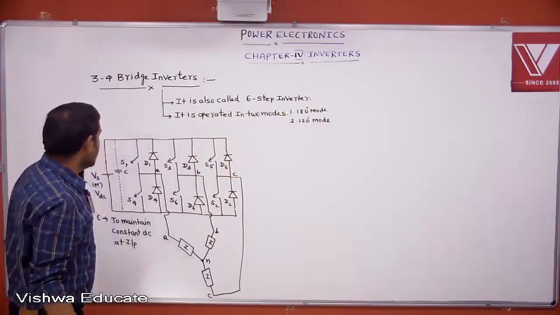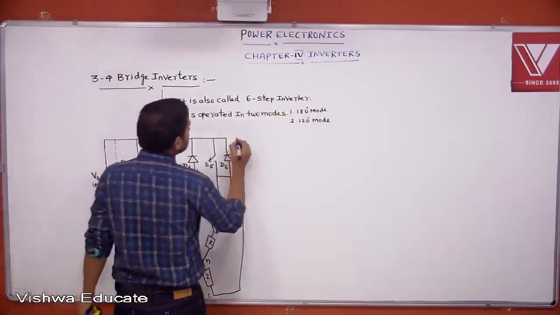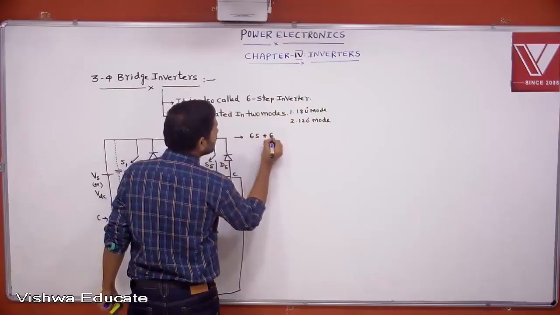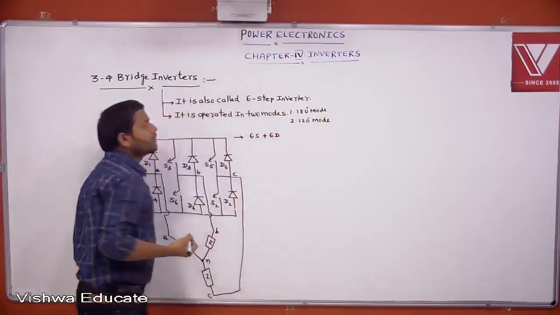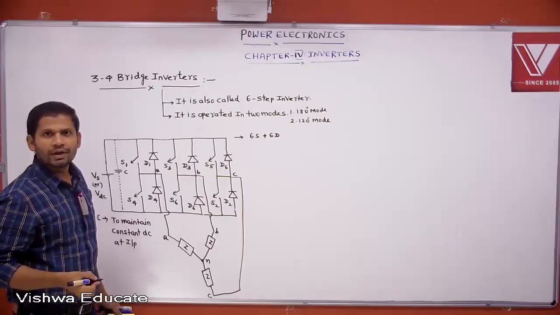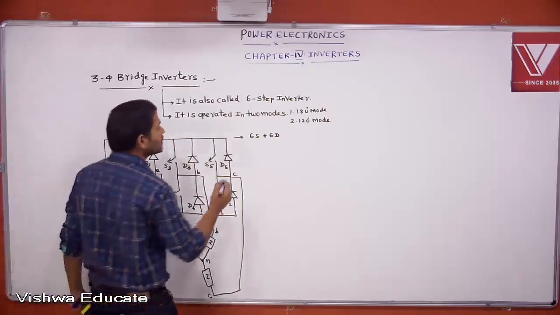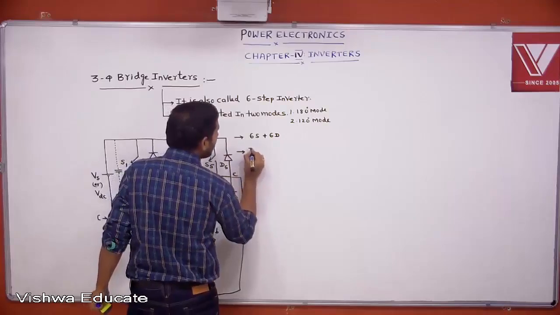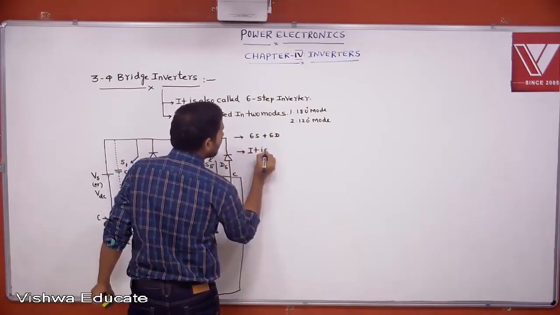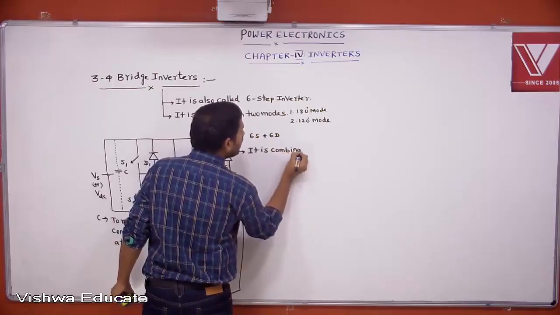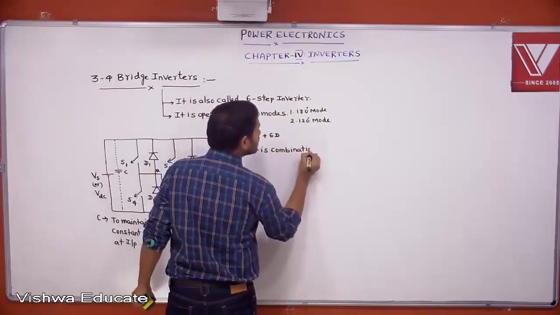Now it consists of 6 switches and 6 diodes. The diodes are the feedback diodes. Hence, it is a combination of 3 half-bridge inverters.